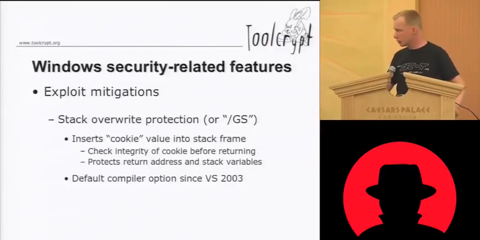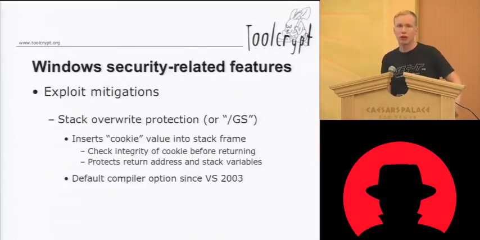And it basically works by pushing in a cookie value in each stack frame and making sure that when you return from a function, this cookie value is intact, that it hasn't been overwritten by, for example, a stack buffer overflow.